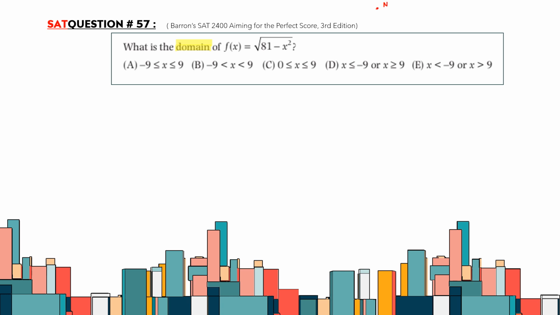If we have a fraction, numerator over denominator, to be defined, the denominator has to be different from 0. If we have the square root of a, a has to be greater than or equal to 0. So in this case, we have f of x in the form of square root of a, and a in this case is 81 minus x squared.